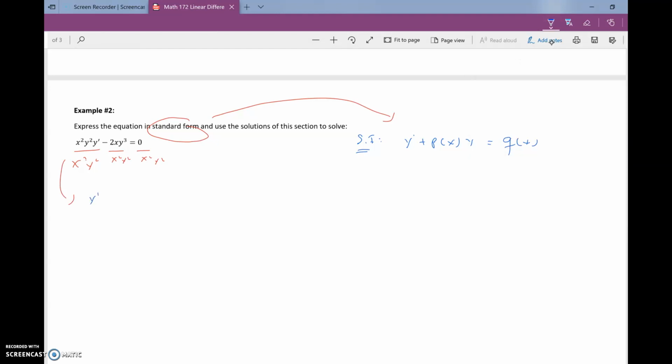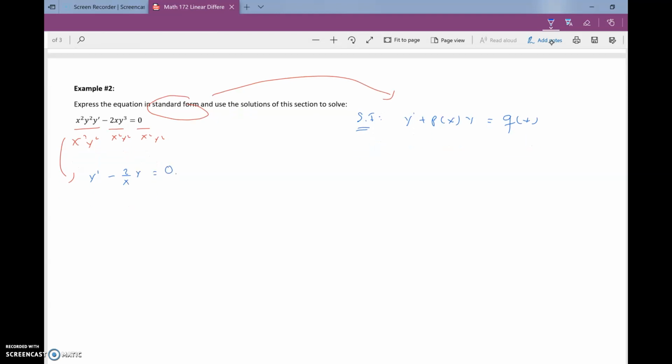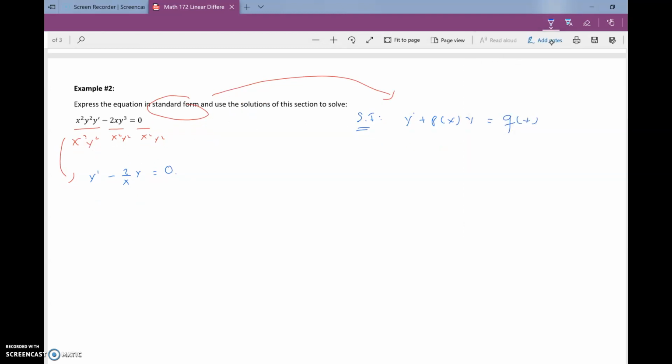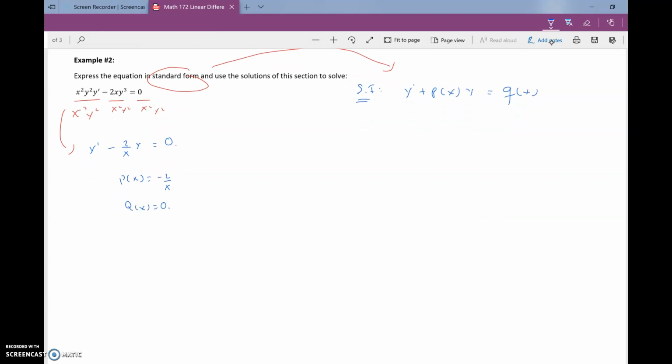So that's going to leave us y prime minus 2 over x y, and this is equal to 0. And for this particular problem, our p of x is equal to negative 2 over x. Our q of x is equal to 0.